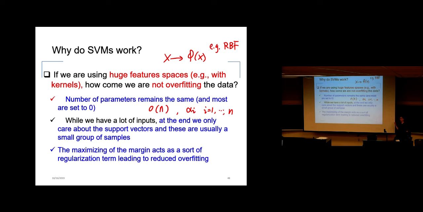It's about the number of alpha here. So no matter how flexible the feature space is, I have a fixed number of parameters. The other point is we only care about support vectors. Only the support vectors control my W, and there are normally a very small group of vectors.